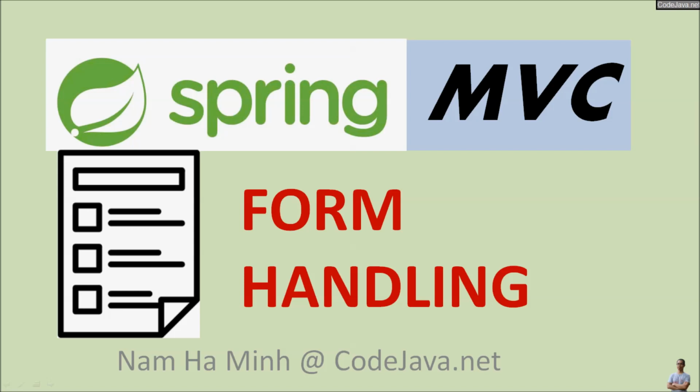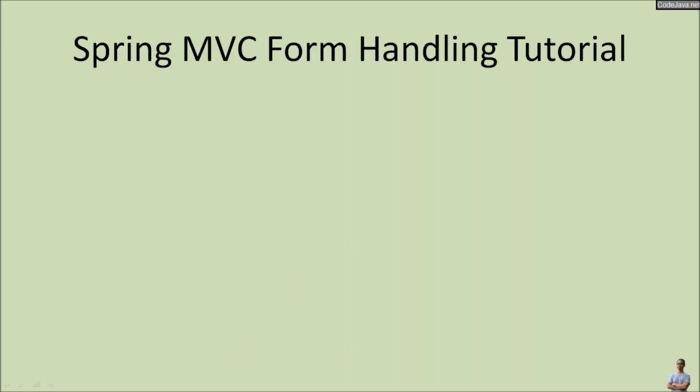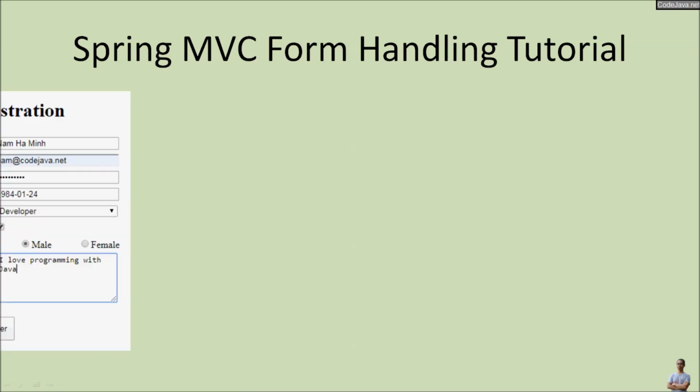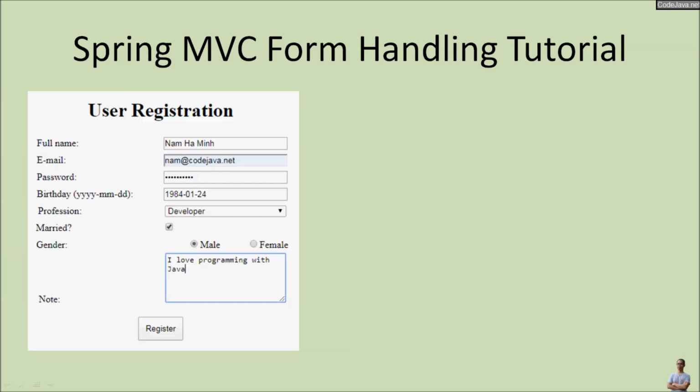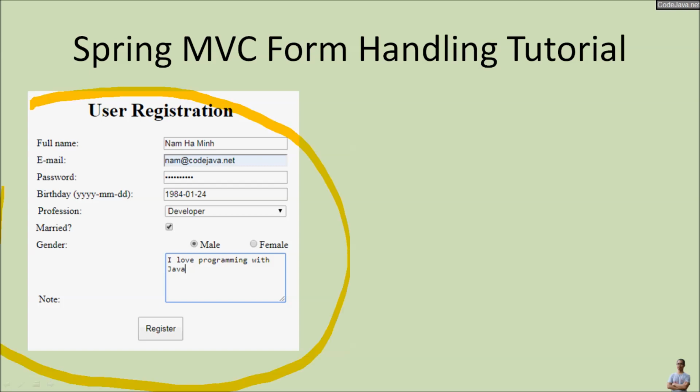Throughout this video tutorial, you will learn how to develop a Spring MVC project that handles a form submission from the user. Exactly, you will learn to develop a Spring MVC application that presents this user registration form with different kinds of input fields such as text box, password field, drop-down list, checkbox, radio buttons, text area.